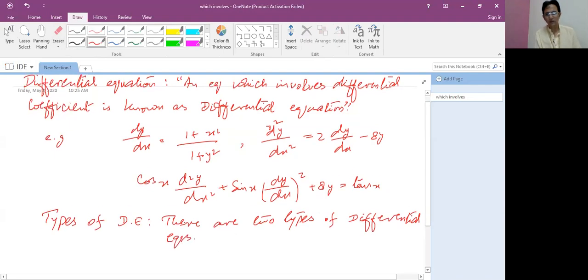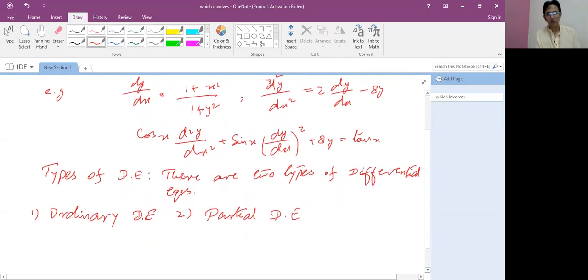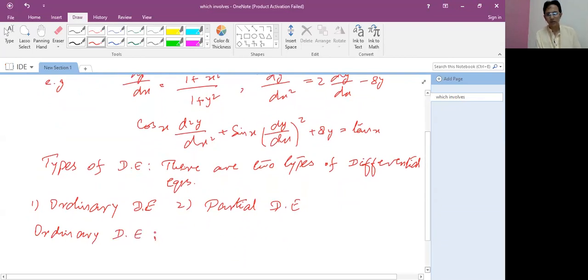The first one is ordinary differential equation. The other one is partial differential equation. DE represents differential equation in short form. First we talk about what is ordinary differential equation. Now write a definition of ordinary differential equation with examples.